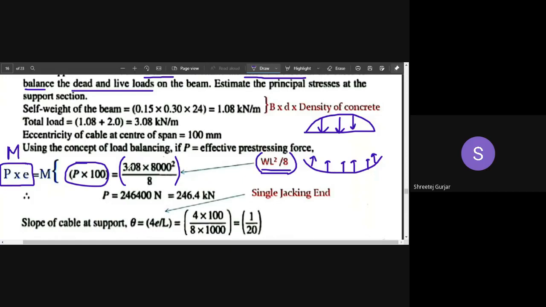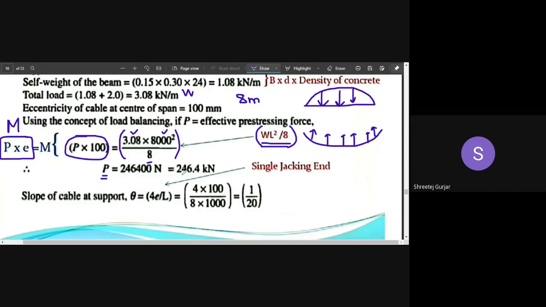So here P into E is equal to WL squared by 8, where W is 3.08, and L is nothing but 8 meters, the span of your beam, divided by 8. Equate these two by the load balancing concept. Now all the things are known, the only unknown here is P. So P is equal to 246.4 kilonewton. So we have calculated P.